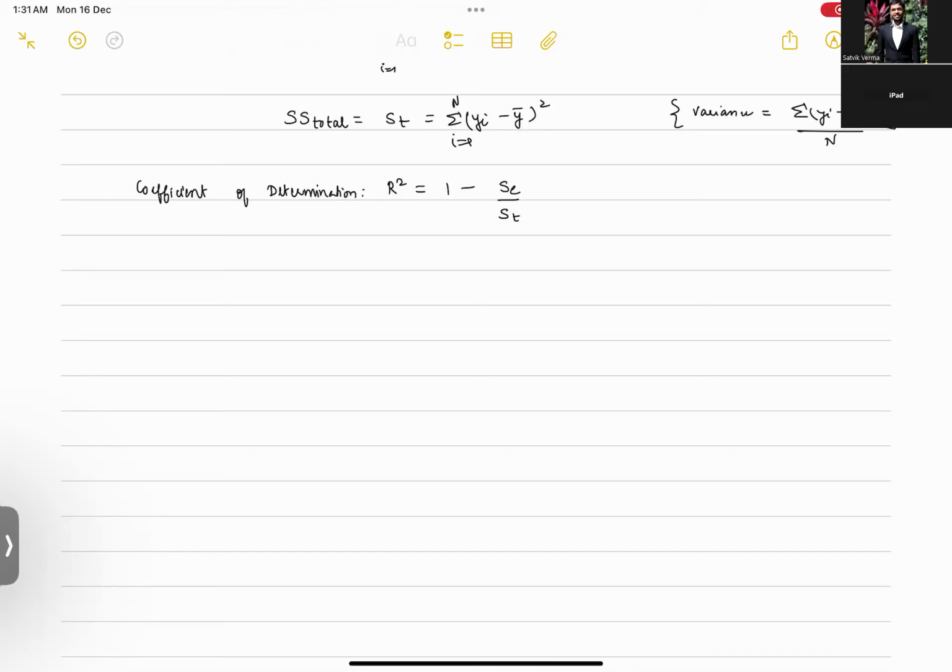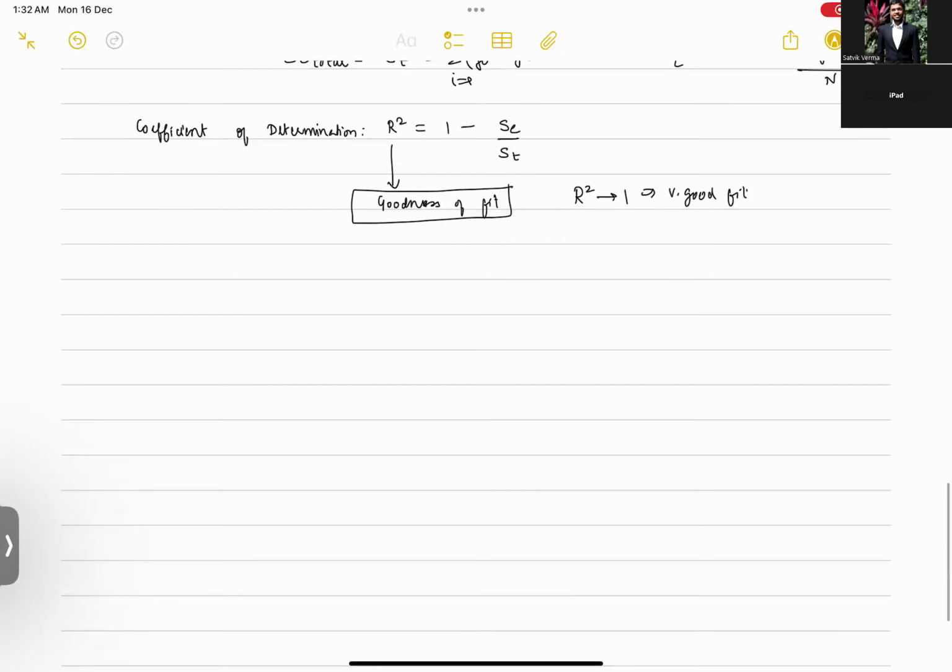Okay. And r square actually tells you the goodness of fit. Okay. So it has to be as close to 1 as possible. So r square tending to 1 would imply a very good fit. And that implies that the model is acceptable, right?